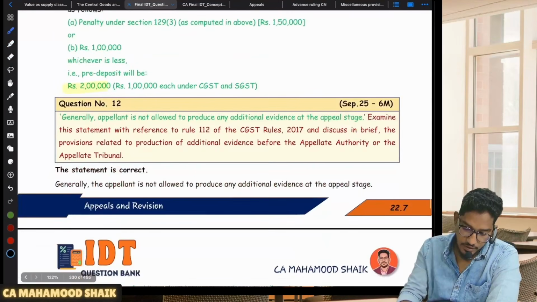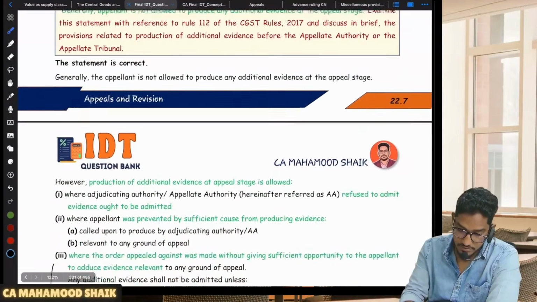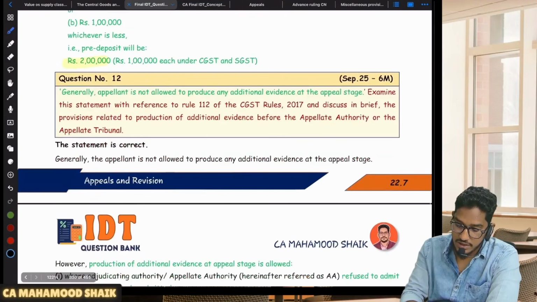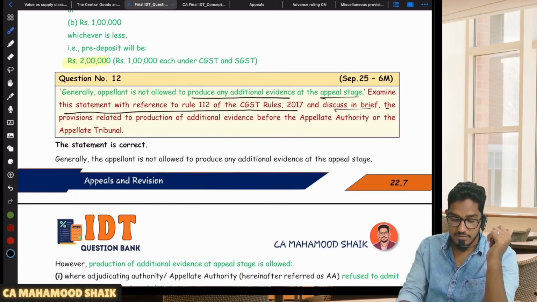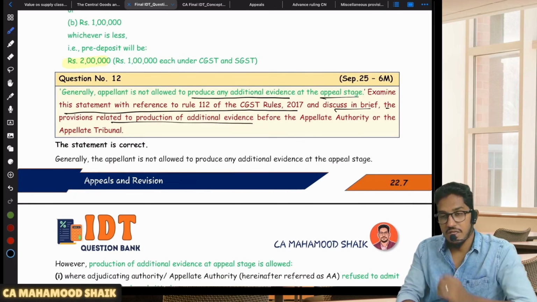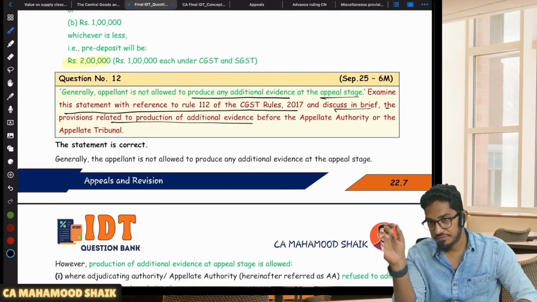Next, question number 12. So what is question number 12? Generally, an appellant is not allowed to produce any additional evidence at the appeal stage. Examine this statement with reference to Rule 112 of the CGST Rules and discuss in brief the provisions relating to production of additional evidences. We have seen one heading, no?